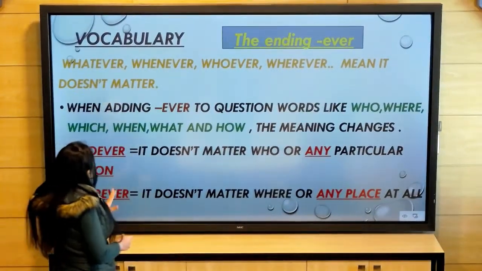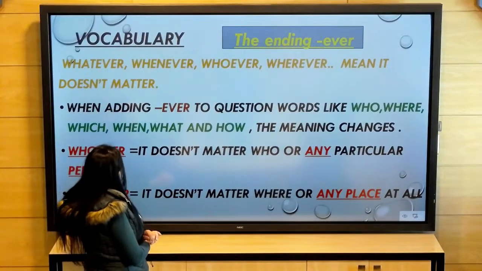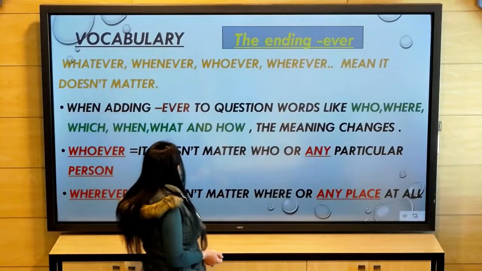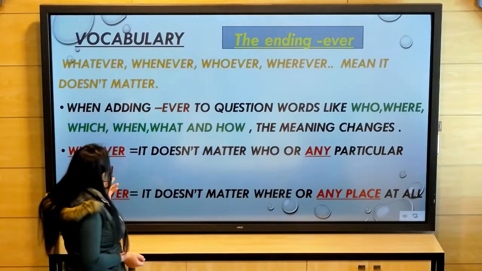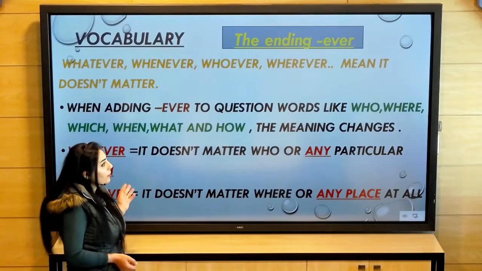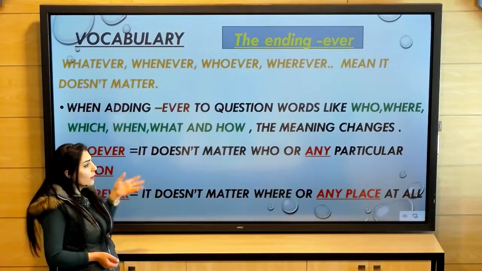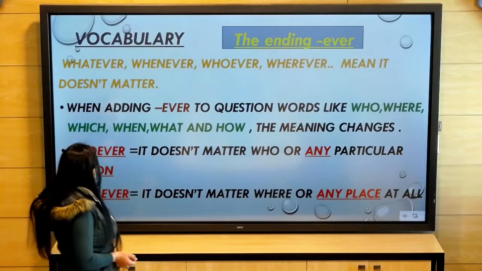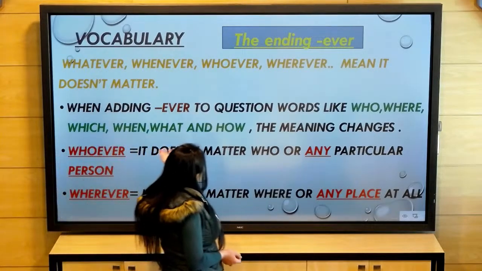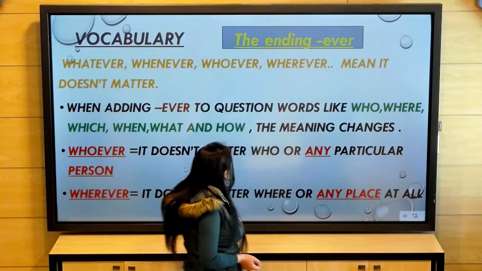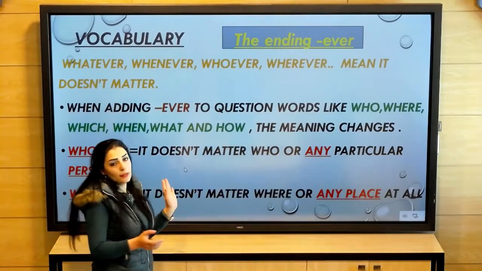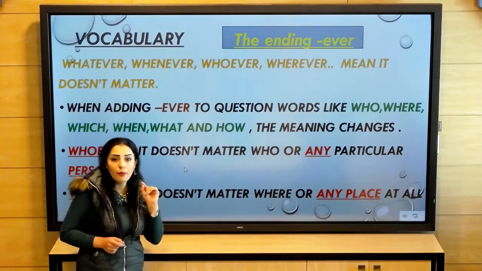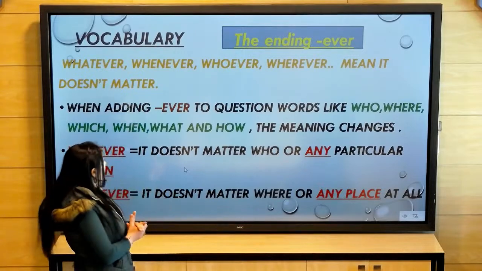Now we're going to move to grammar section, vocabulary, the ending ever. The ending ever, we have words or WH words or others that end with ever, like whatever, whenever, however, wherever, etc. They all mean that it doesn't matter. So the ending ever means it doesn't matter.